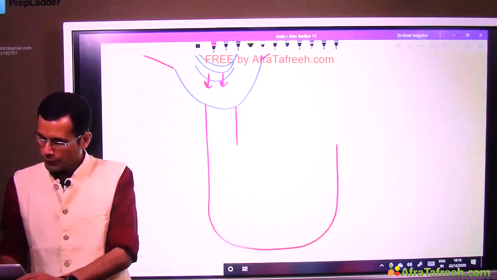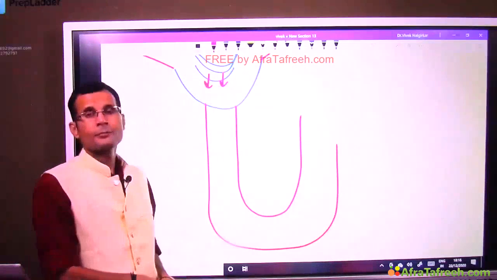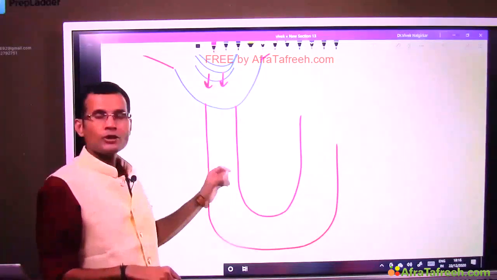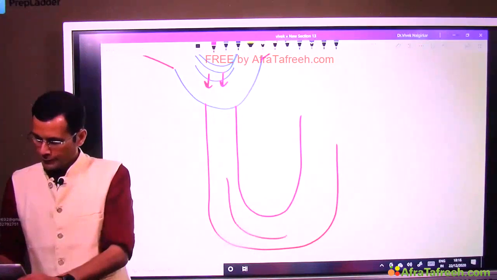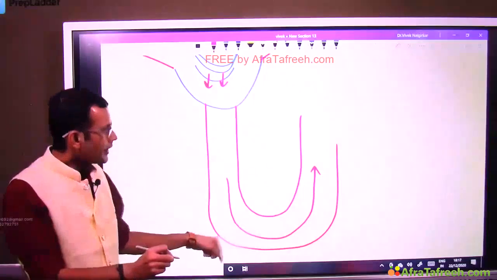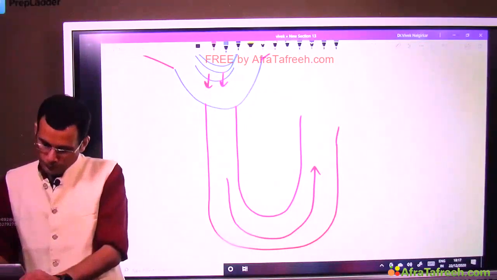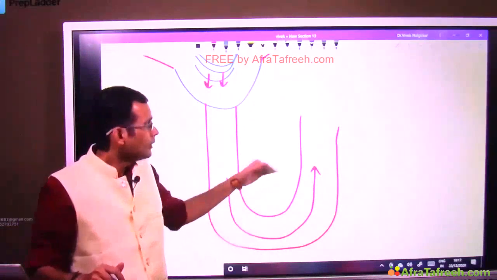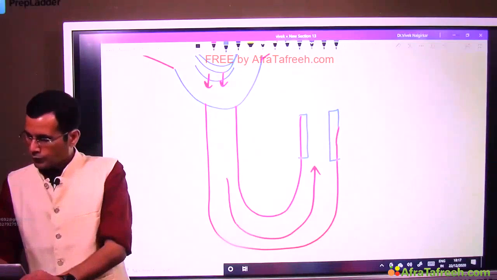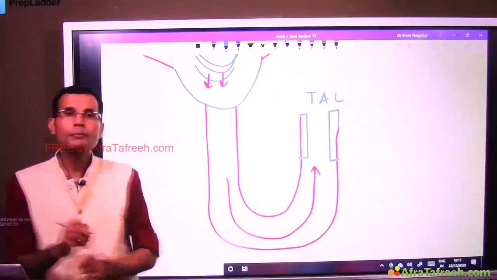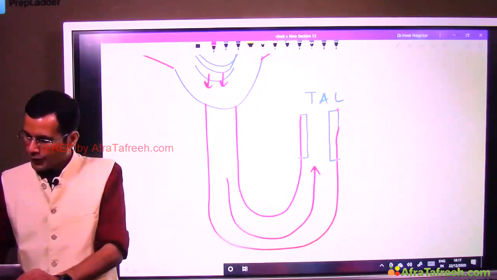So we have a proximal convoluted tubule, which is proximal to the glomerulus, and the proximal straight tubule after that. Then we have the loop of Henle, the descending limb and the ascending limb. The ascending limb has a thin portion first, followed by the thick ascending limb, with a thick wall. That will be called the thick ascending limb of the loop of Henle, which will then lead to the distal part of the nephron.